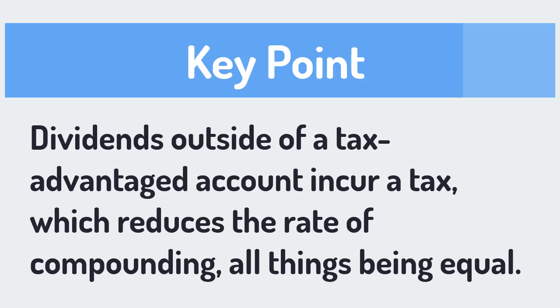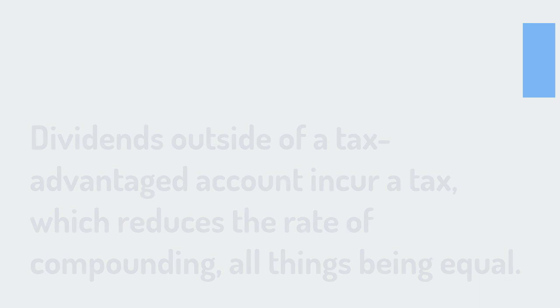Now, this illustrates a key point in dividend investing, or just dividends in general, in that in a taxable scenario, outside of any tax advantaged account or retirement account, distributing cash from the corporation is going to incur an additional tax. So shareholders will now need to take that cash, that capital, and do something with it.